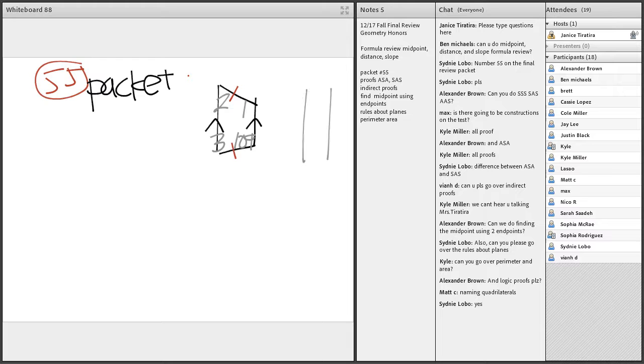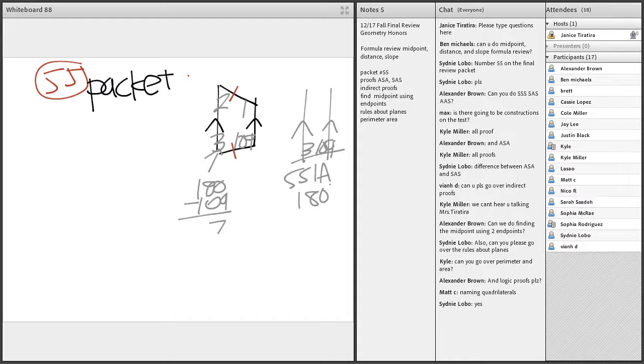So if I redraw this and use prior knowledge, here's same side interior angles, that means those two add up to 180 degrees. So in other words, angle 3 is whatever the leftover is from 180. So 180 minus 109 is 72 degrees because they're same side interior.